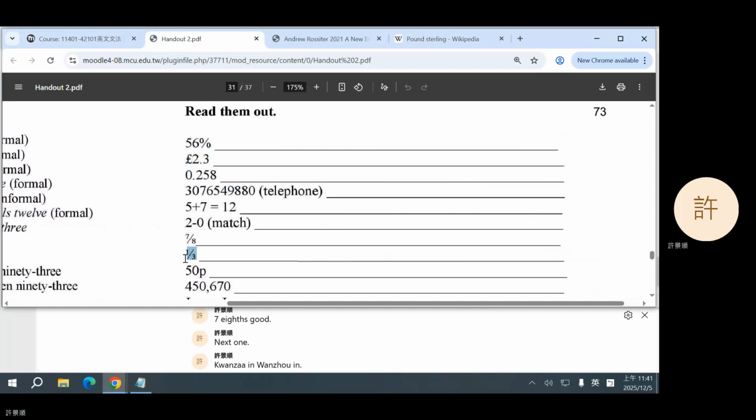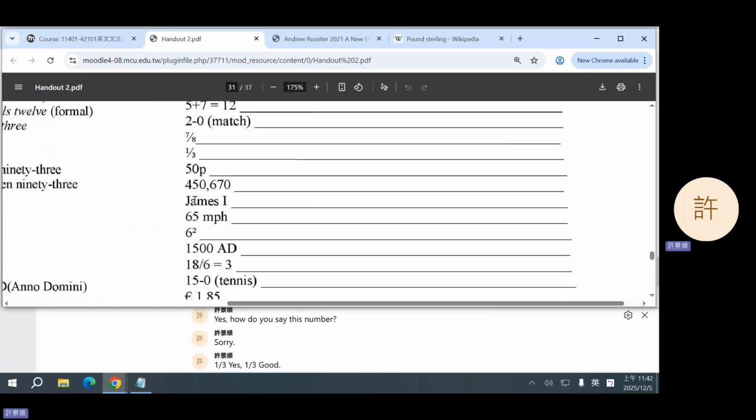Yes. How do you say this number? 1/3? Yes, 1/3. Good.